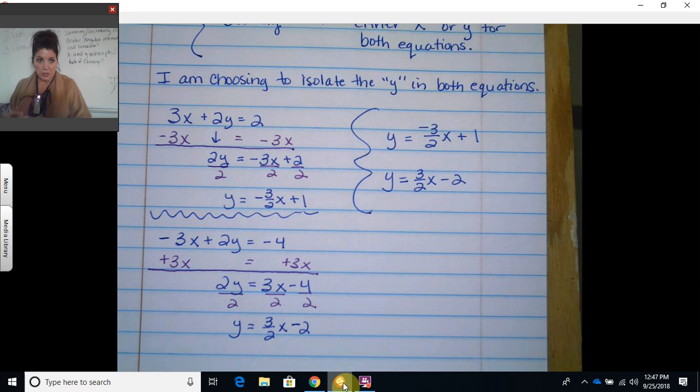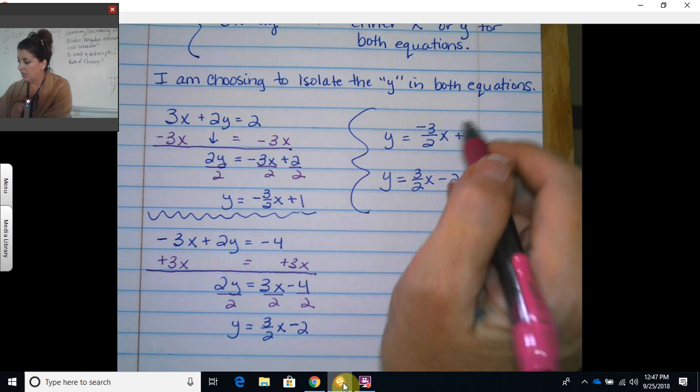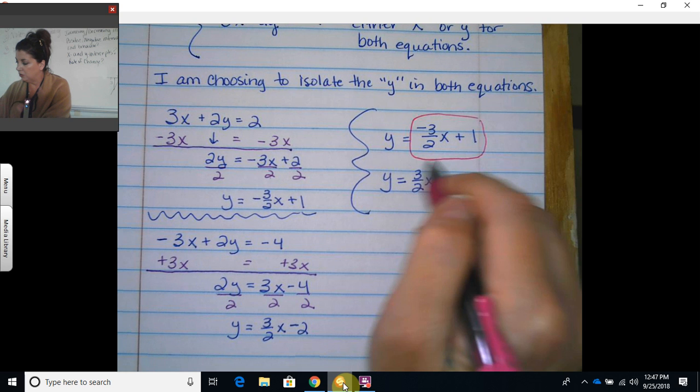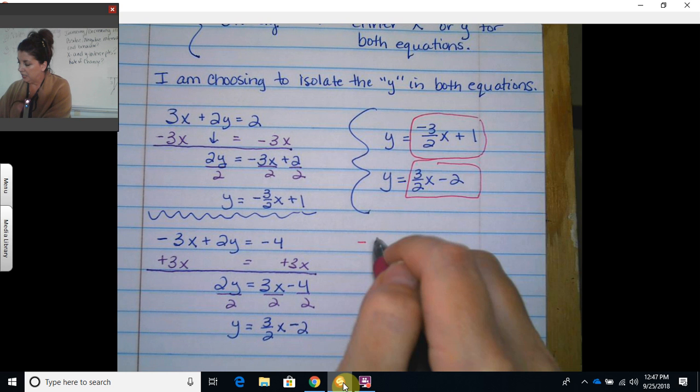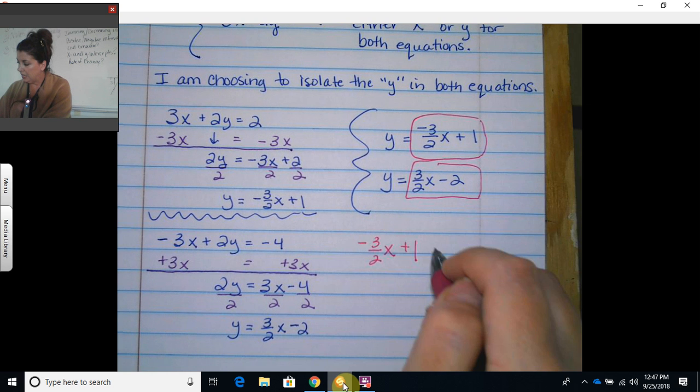So we want to know when y equals y and x equals x. So if y equals y, set the side that has the x's on them equal to each other. So that's negative 3 halves x plus 1 equals 3 halves x minus 2.